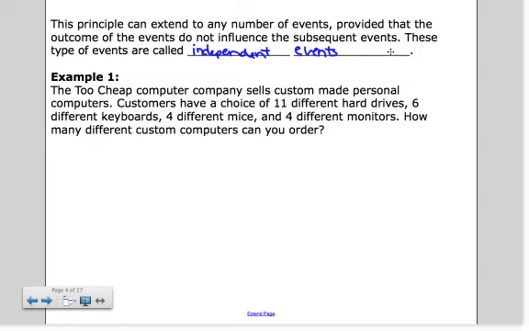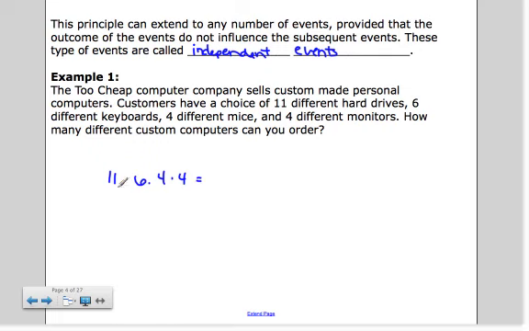Here's an example. Too Cheap Computer Company sells custom-made personal computers. Customers have a choice of 11 different hard drives, 6 different keyboards, 4 different mice, and 4 different monitors. How many different kinds of custom computers can you order? Well, that's 11 times 6 times 4 times 4, using the fundamental counting principle.